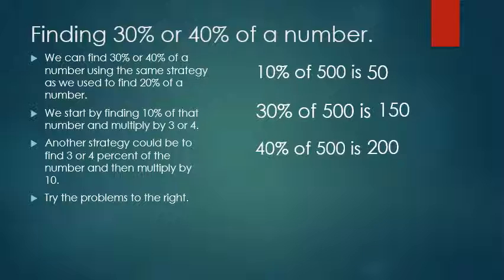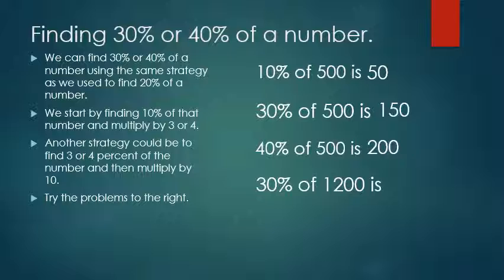So let's use the other strategy where we find 3 or 4% and then multiply by 10. So for example, 30% of 1200. So we saw in the 3 and 4% section of the lesson that 3% of 1200 was 36.